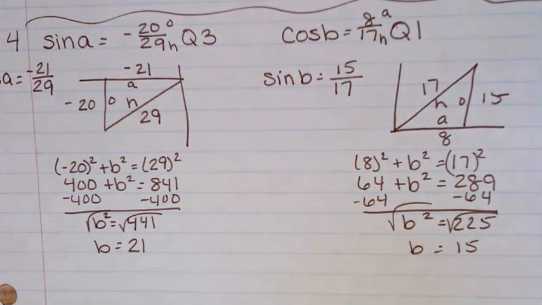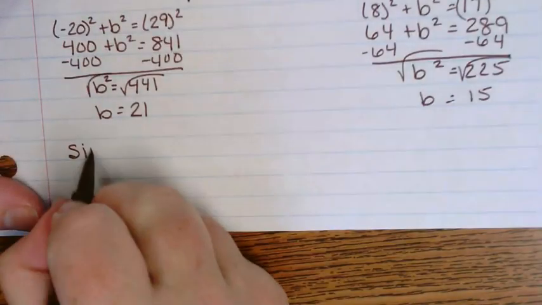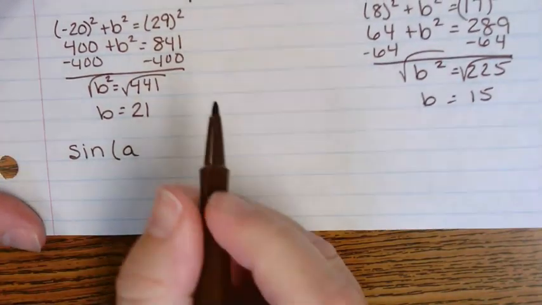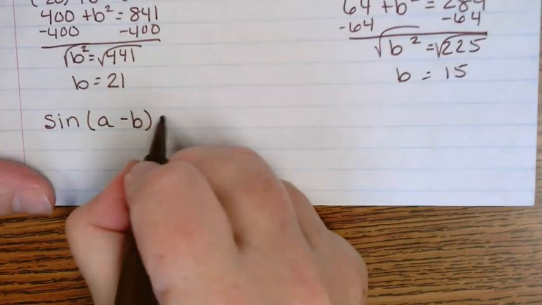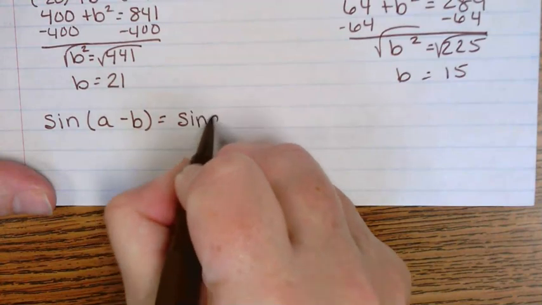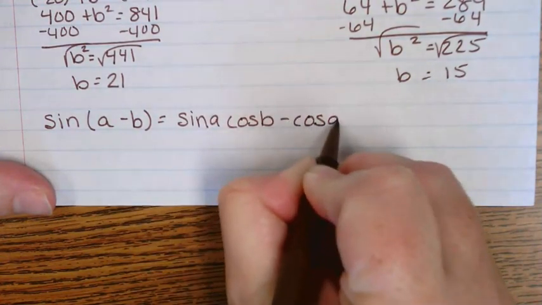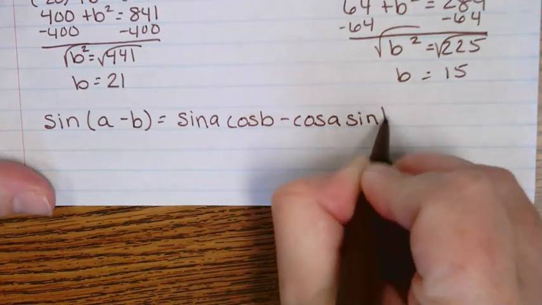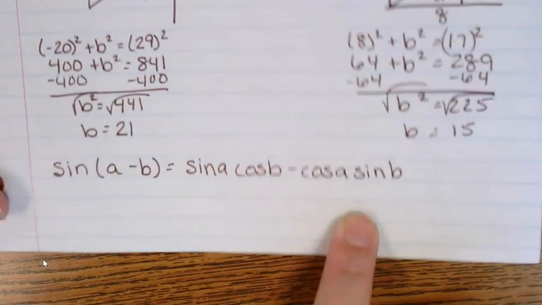Now the question says, what is sine of A minus B? Remember that formula is going to be sine, cosine, cosine, sine. Okay, so here is your formula.